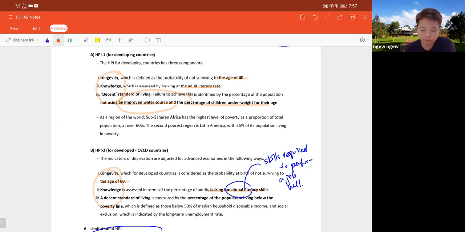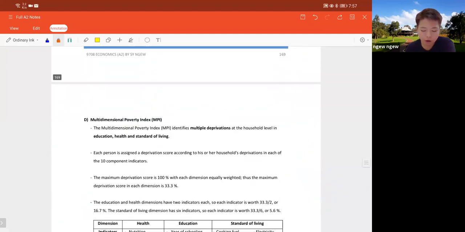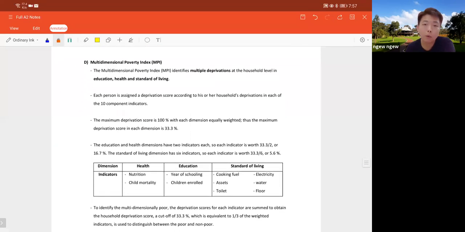Okay. Then now, guys, moving on, since just now we mentioned that HPI includes limited dimensions, now I introduce you to another poverty index that includes a lot of dimensions, which we call the multi-dimensional poverty index.